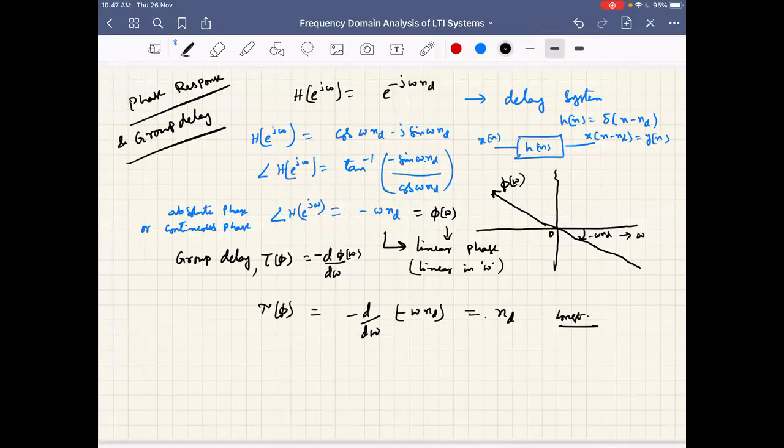Can you figure out any other system having constant group delay? Can you give any other H of e power j omega that has constant group delay?